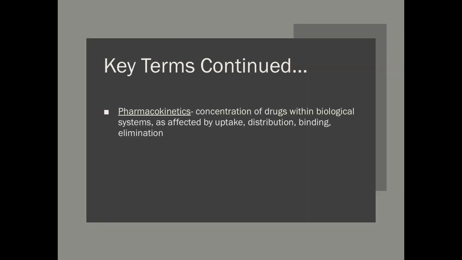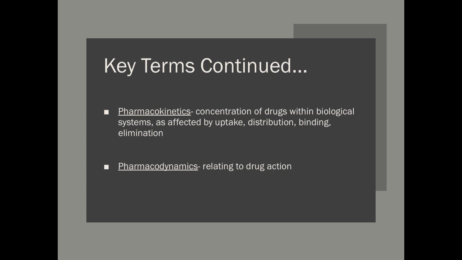Let's cover a few more terms. We've got pharmacokinetics. Pharmacokinetics is, you've got this medication, and what happens biologically: uptake, distribution, binding, elimination. So all the pharmacokinetics. How does this work within your body? Then we've got pharmacodynamics.